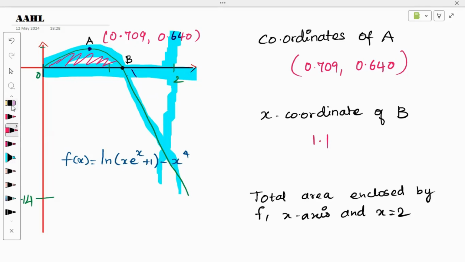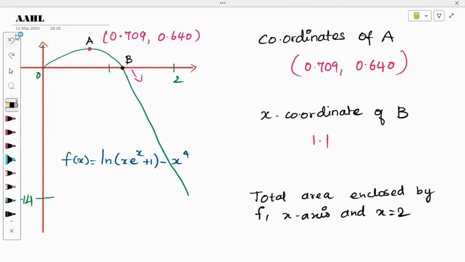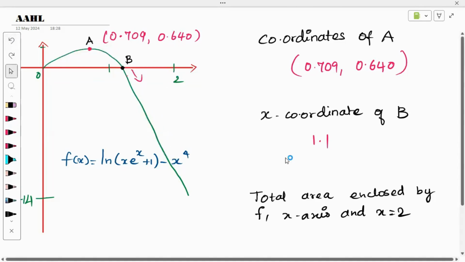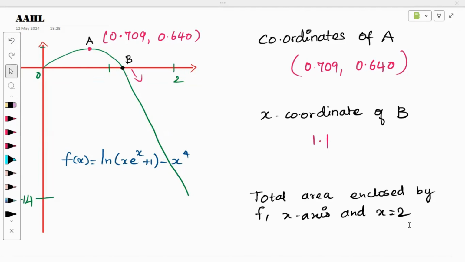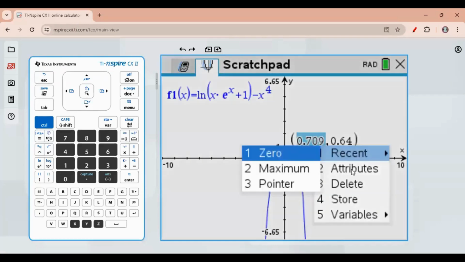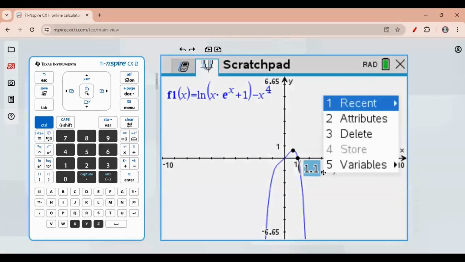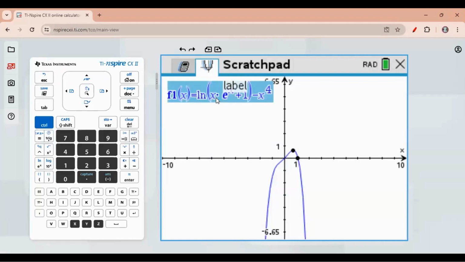So we are going to solve it graphically now. This is the basic idea. Let's go to the graph. We can hide this. These are not needed.